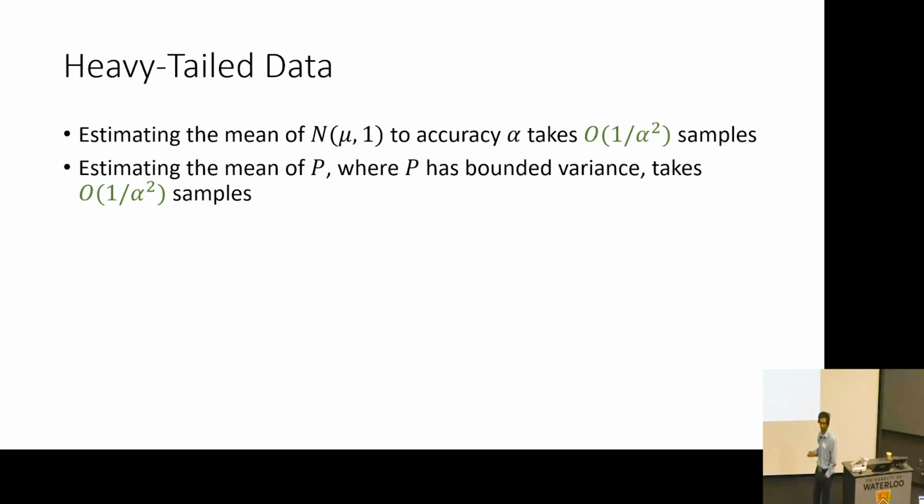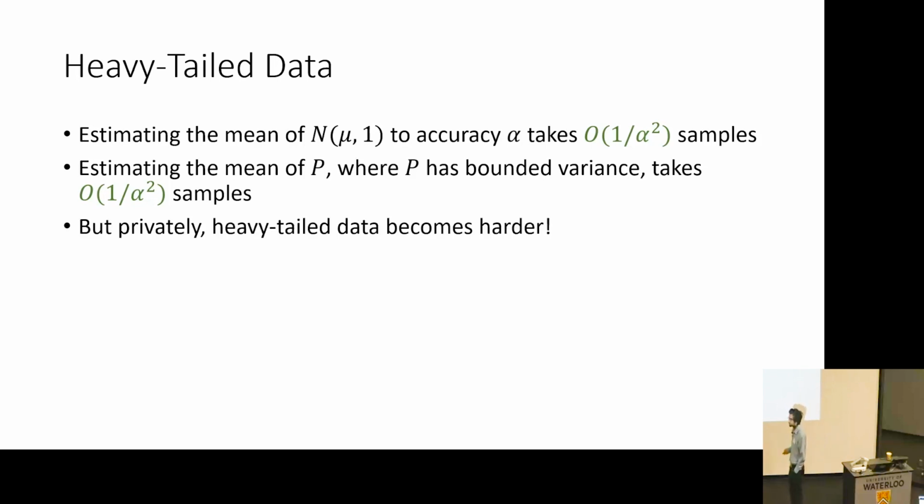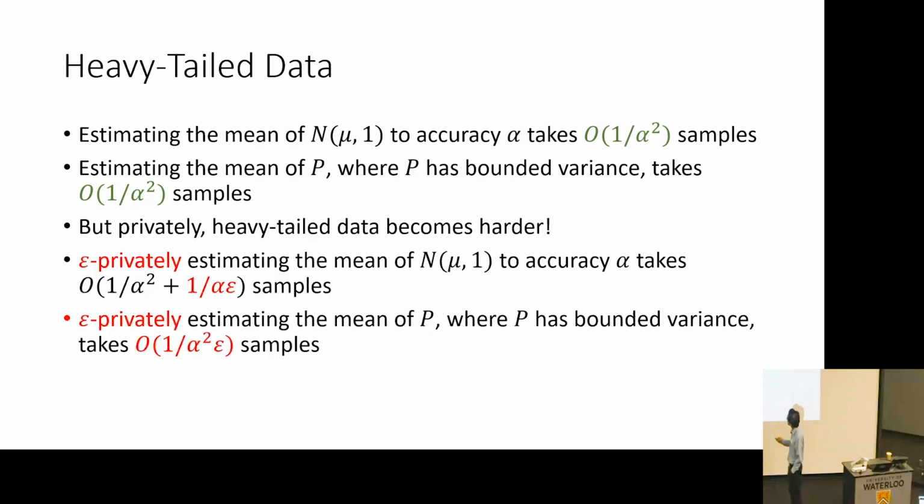And in the non-private setting, this is still 1 over alpha squared samples. There's really no significant change in the sample complexity. But with privacy, it does change. You can see the difference: this is the Gaussian case, and this is the bounded variance case. There's an actual quantitative difference in how much data you require.